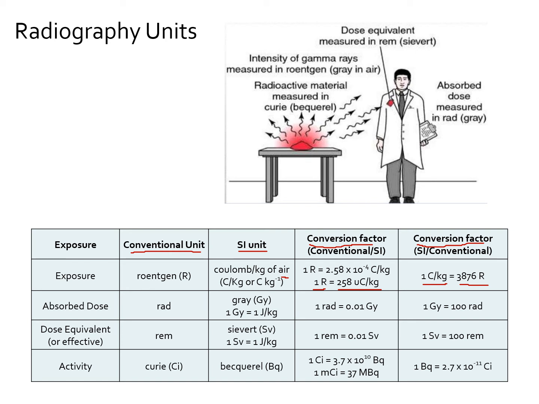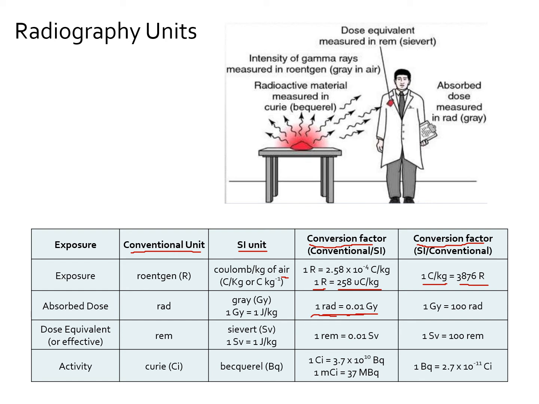So here the absorbed dose is in rads, is a conventional unit. The international unit is a gray. And 1 rad is equal to 0.01 gray is a conversion factor. But what if I wanted to know what 1 gray is equal to? So what I would do with this equation is I would divide 0.01 on both sides.